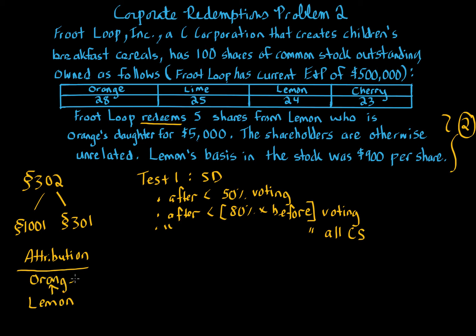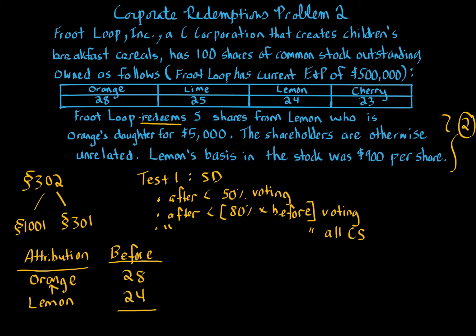So that's going to be attribution, just like we saw in variation 1. Just now we're dealing with Lemon. And by the way, all these variations are independent variations. So Orange, we're focusing on the before percentage. Orange owns 28 shares. Lemon has 24.